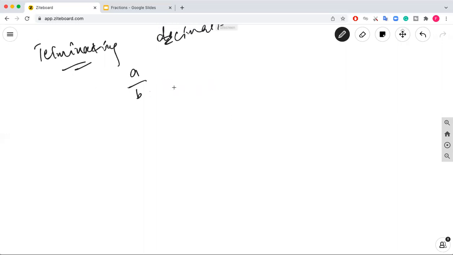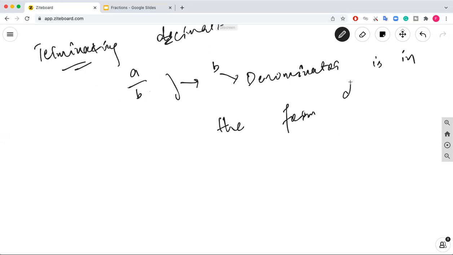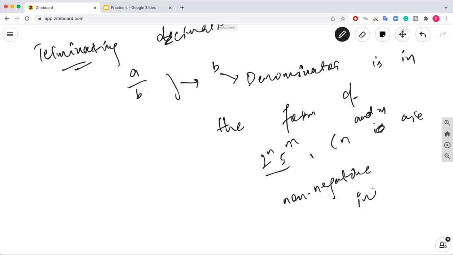The fraction can be called terminating if and only if the denominator is in the form of 2^m and 5^n, where m and n are non-negative integers. For example, we have 1 by 2, 1 by 5, 1 by 2 into 5.